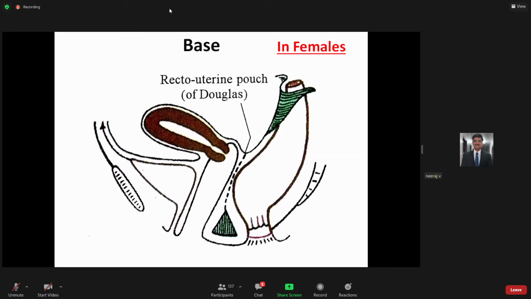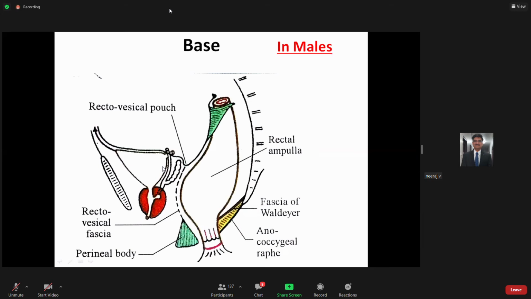So this base, in a tetrahedral bladder, is basically triangular in shape. I'm sorry that I could not show you the three-dimensional picture, but if you look in a coronal view, moving my cursor, it is triangular in shape.